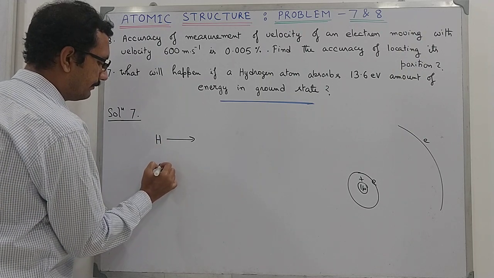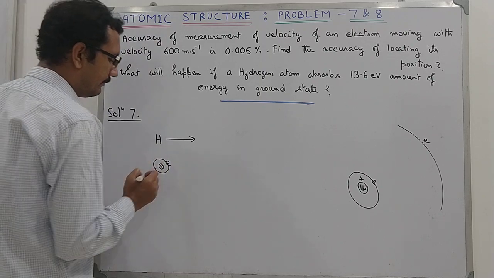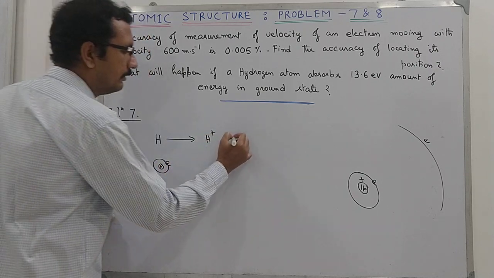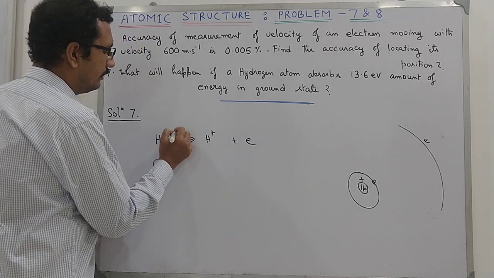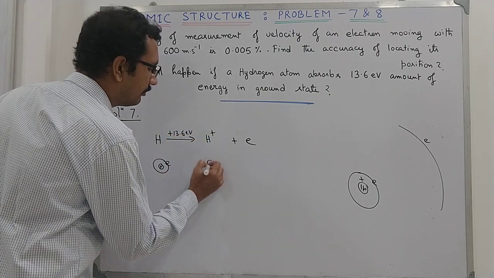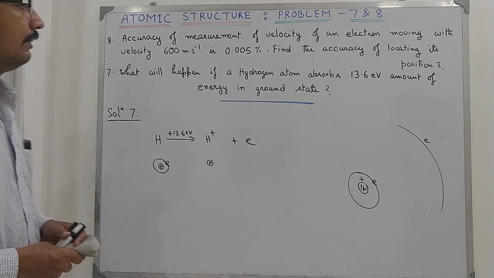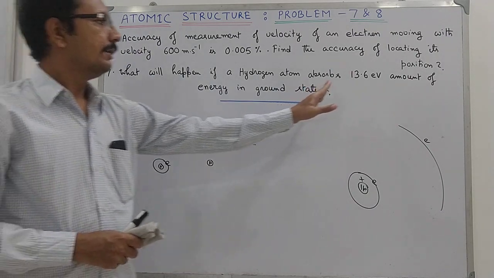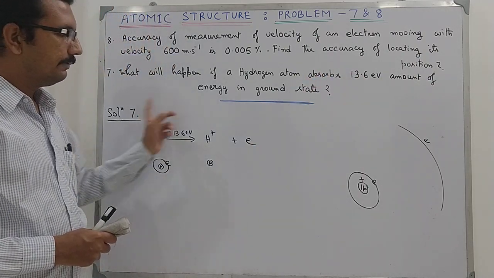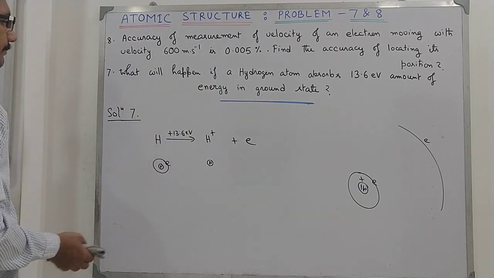We have a proton here and the electron revolving around the nucleus, and it will ionize after absorbing 13.6 electron volt amount of energy. So it will be only a proton. So this is the ionization energy. This plus 13.6 electron volt is the ionization energy of the hydrogen atom. So this will happen to the system.